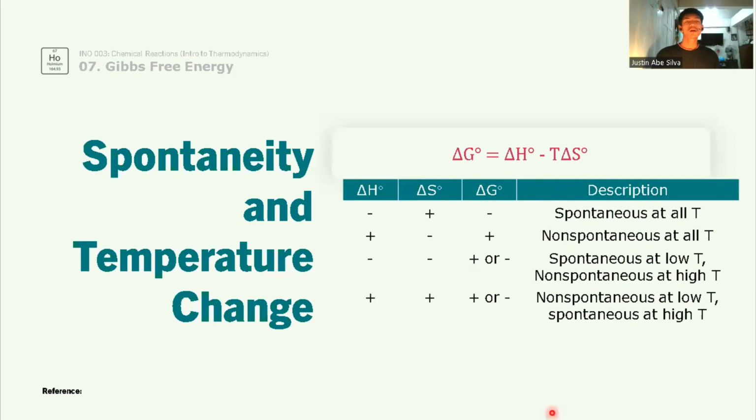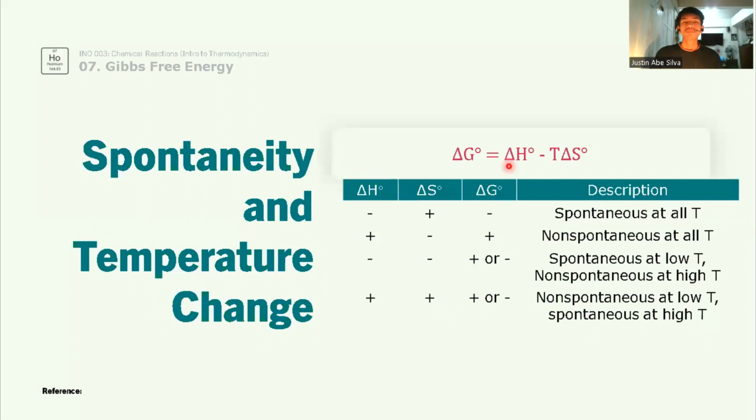And now let's talk about the spontaneity and temperature change. So we know that the standard enthalpy and standard entropy values are based on standard states, which are at 1 atm and 25 degrees Celsius. So let's say we want to get the delta G naught of a certain reaction at a given temperature, let's say 1000 degrees Celsius.